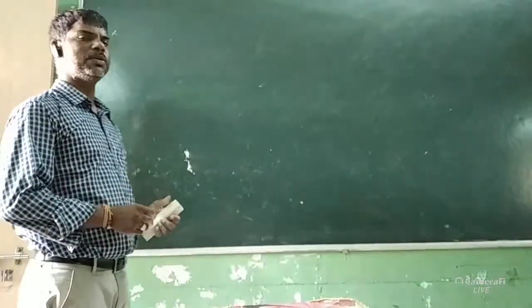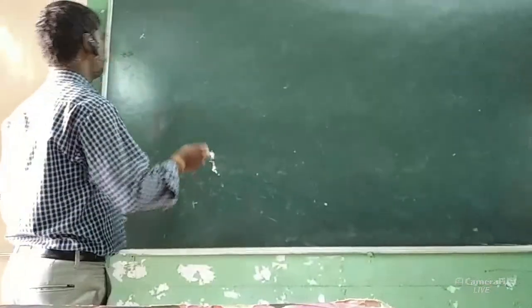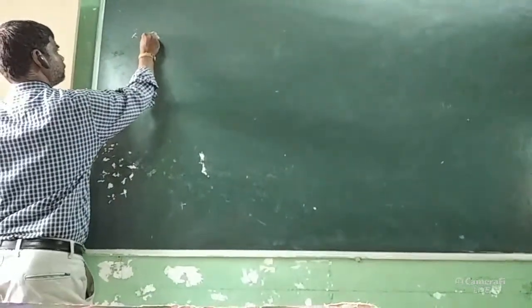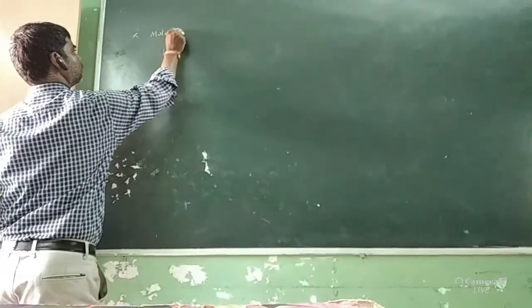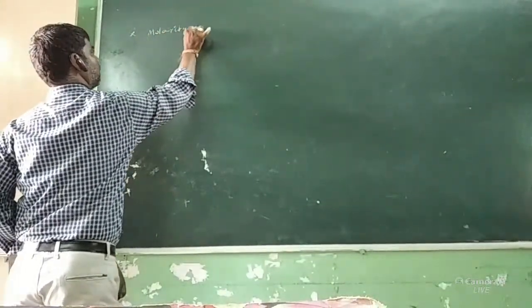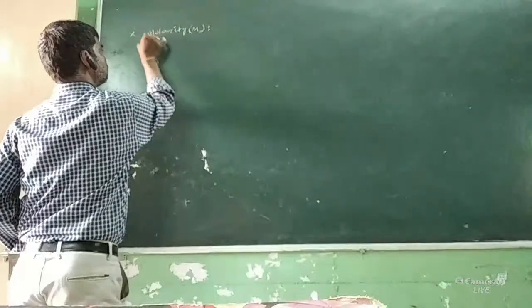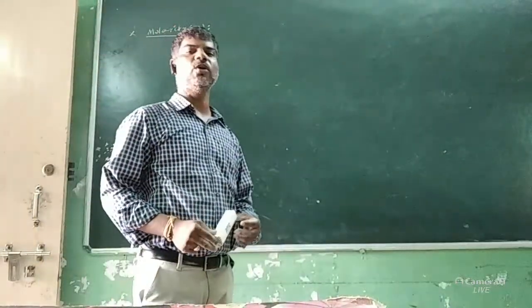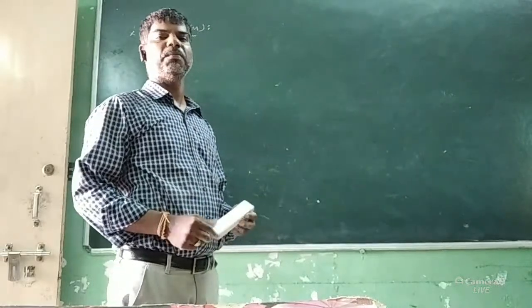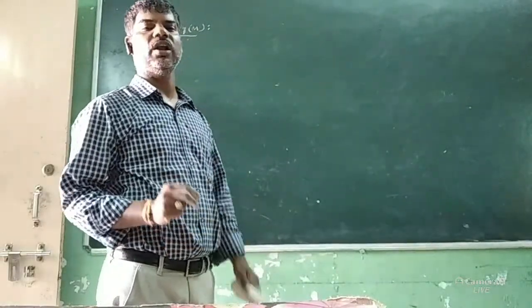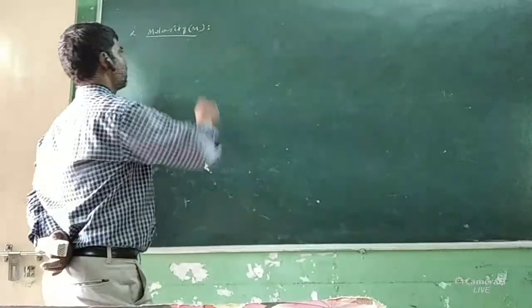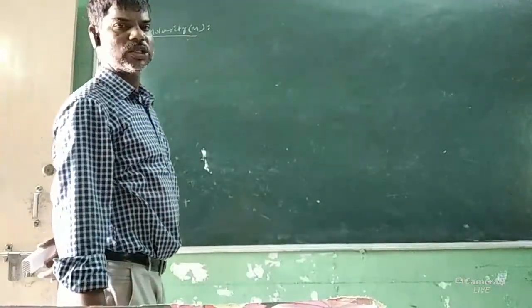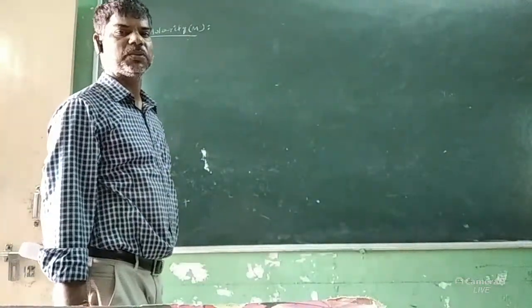So already we explained about molarity. What is molarity? Molarity means the number of moles of solute dissolved in 1 liter of solution. Molarity is defined as the number of moles of solute dissolved in 1 liter of solution.